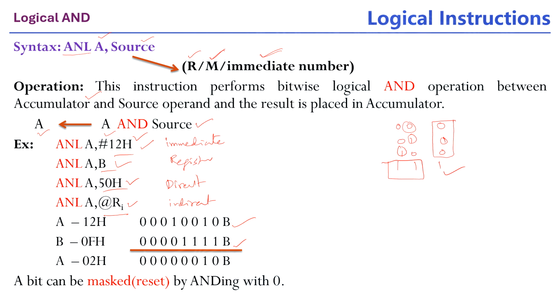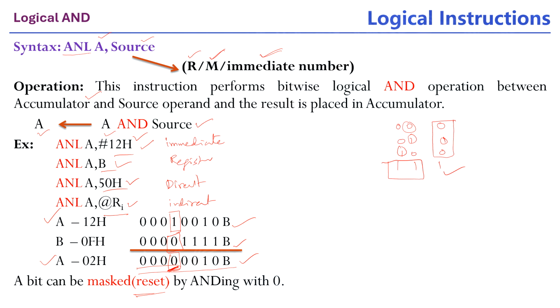If you observe the result of this operation, a bit can be masked or reset by ANDing with 0. Suppose this is the actual bit available in the accumulator and we are ANDing with 0. When you are ANDing with 0, the same position in the accumulator will be masked, that means reset.